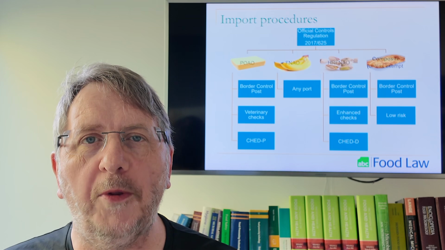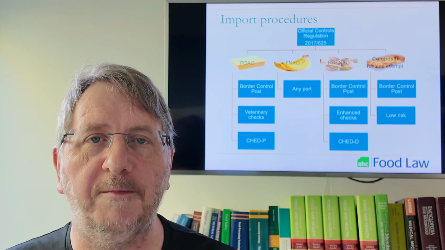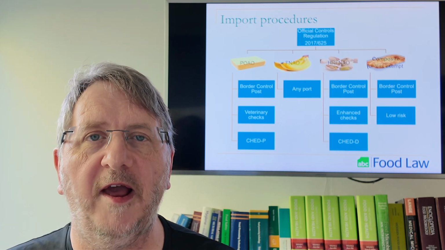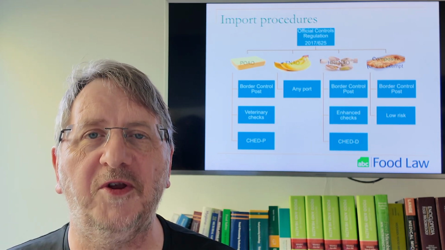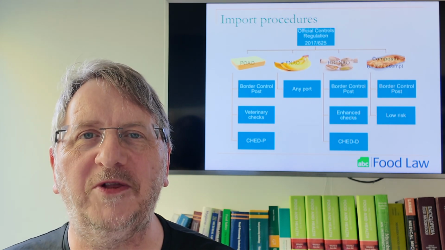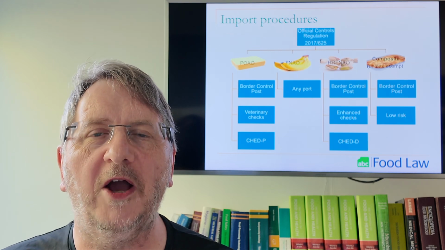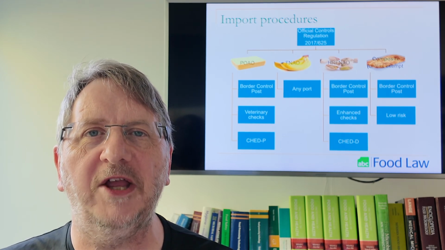In order to go through that process, you need to notify the port that you're going to be importing these products, and you use the IPAFFS system to do that. Separate video on that. And the document that goes through the process that's validated by the port is called a Common Health Entry Document, a CHED.